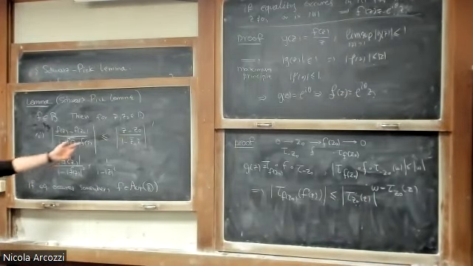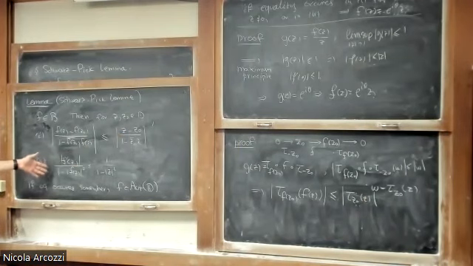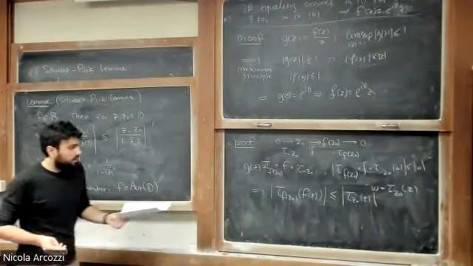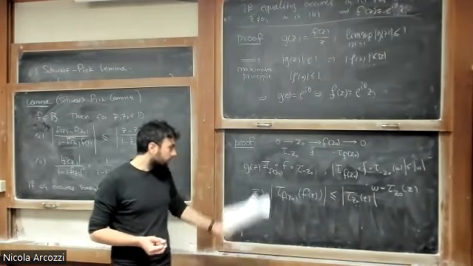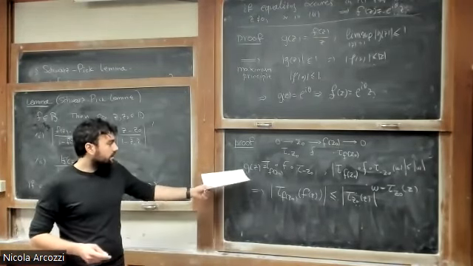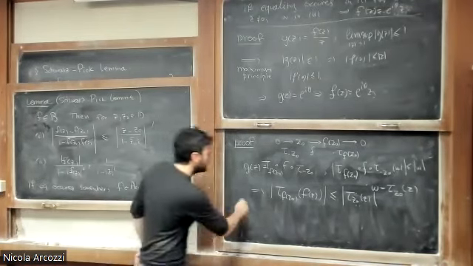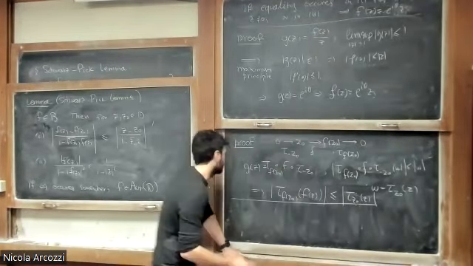Now, if you divide by the modulus of z minus z0, you get the infinitesimal version. And if you have equality occurring somewhere, you will have equality occurring for g at the same point. So you get that g is a rotation.